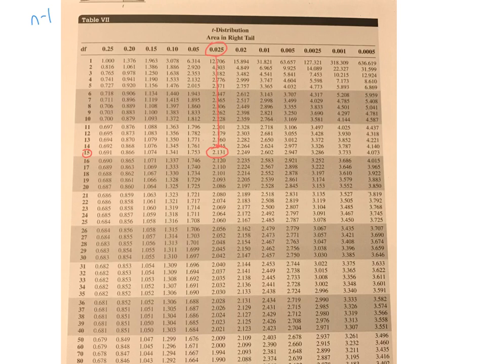For this example, let's say my sample size is 30, so n minus 1 is 29. And then 10% is up here. See where they meet, and they meet right there. 1.311 is the t-score that I would use for that problem.